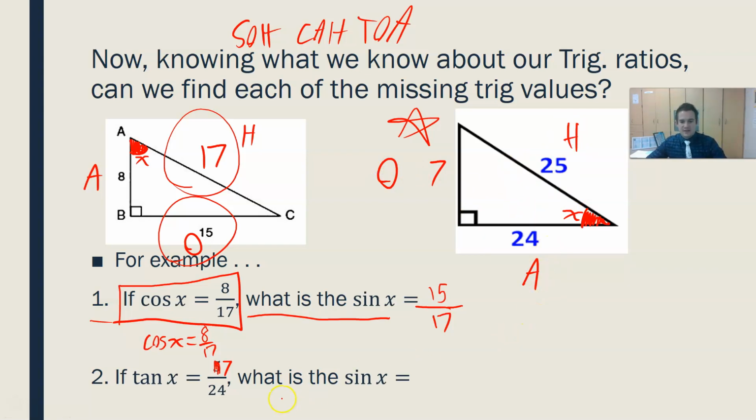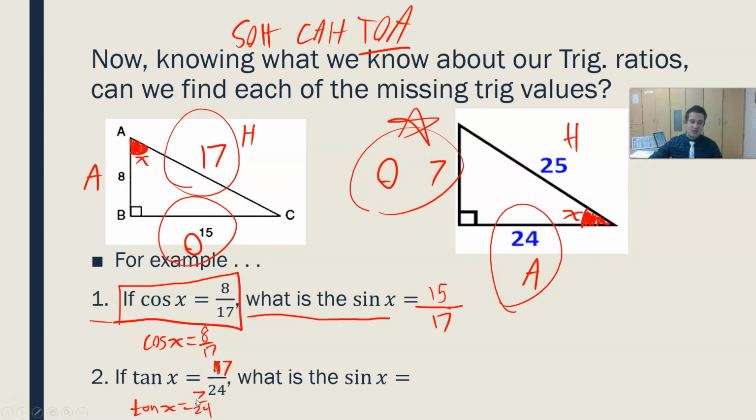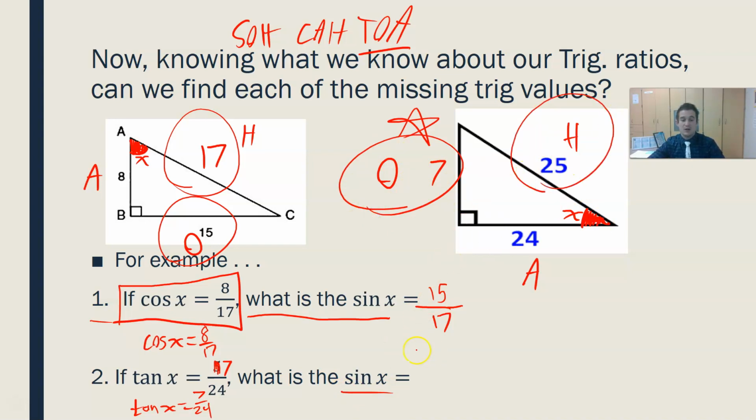The tangent of that angle is opposite over adjacent, which is 7 over 24. That's what the TOA part of SOHCAHTOA tells me. Sine is opposite over hypotenuse, which is 7 over 25.